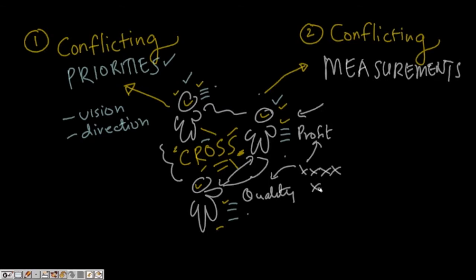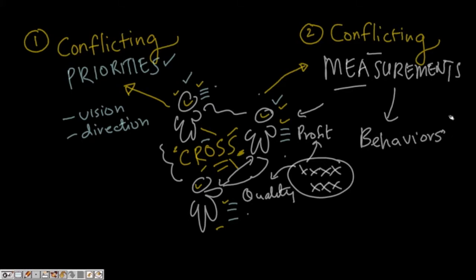A lot of strife and inefficiencies due to conflicting measurements. The funny thing about measurements is that measurements drive behavior. So if we find that there are certain behaviors we do not like in the organization, many times we got to take a step back and ask ourselves this question: how are we measuring the individuals or the department in the first place? Because these two have a very direct correlation, measurements and behavior.